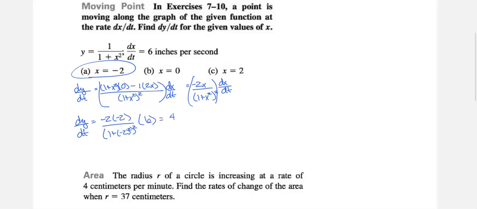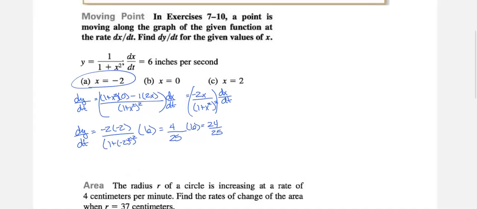So this is going to be a 4 over 4 plus 1, which is 5 squared, times 6. So 24 over 25. So you can see how our y-coordinate is changing at a rate of 24 over 25 inches per second.